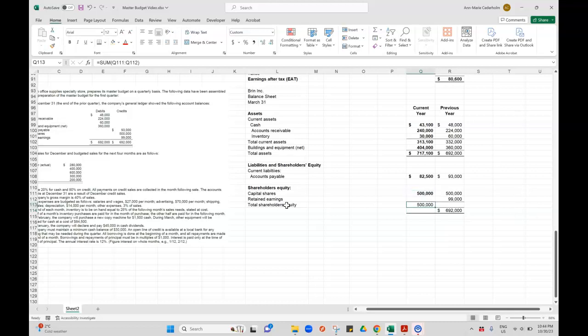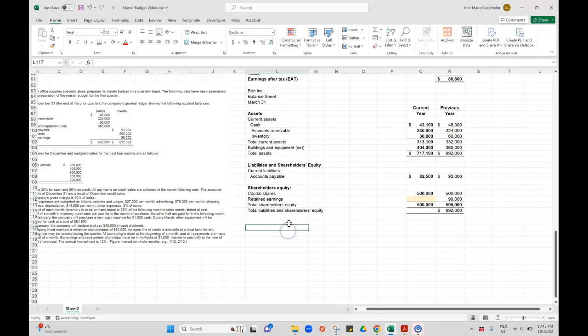And because I'm trying to put this in proper form, I should put a line for total shareholders' equity, and then this is total liabilities and shareholders' equity. So I'm just looking for this number right here.